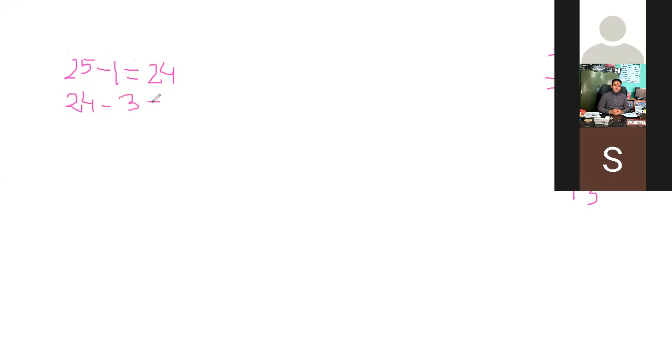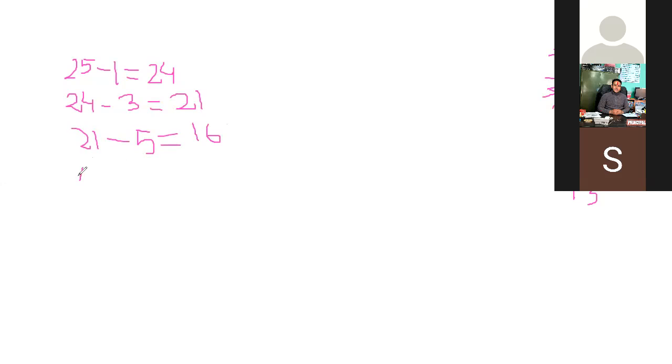And how much you will get? Subtract it. 21. 21, correct. So again bring this 21 front side and subtract the third odd number. What is that? 5. So how much you will get by subtracting this? 16.